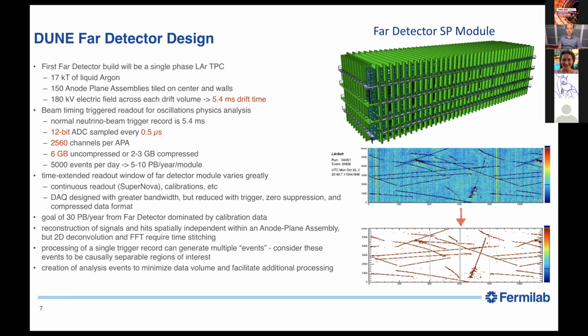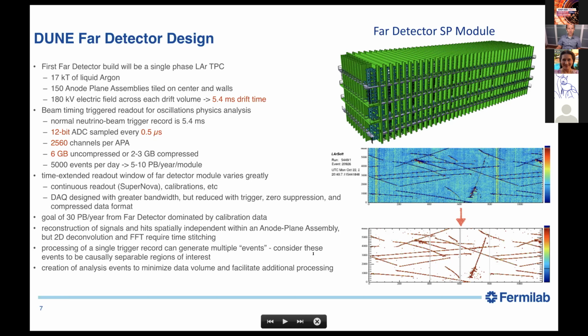While these objects are spatially independent within an anode plane assembly, the signals on a given wire are not necessarily independent, and so we actually do require a 2D deconvolution and fast Fourier transform in order for us to go from the signals that you see at the top to the hits that you see at the bottom.